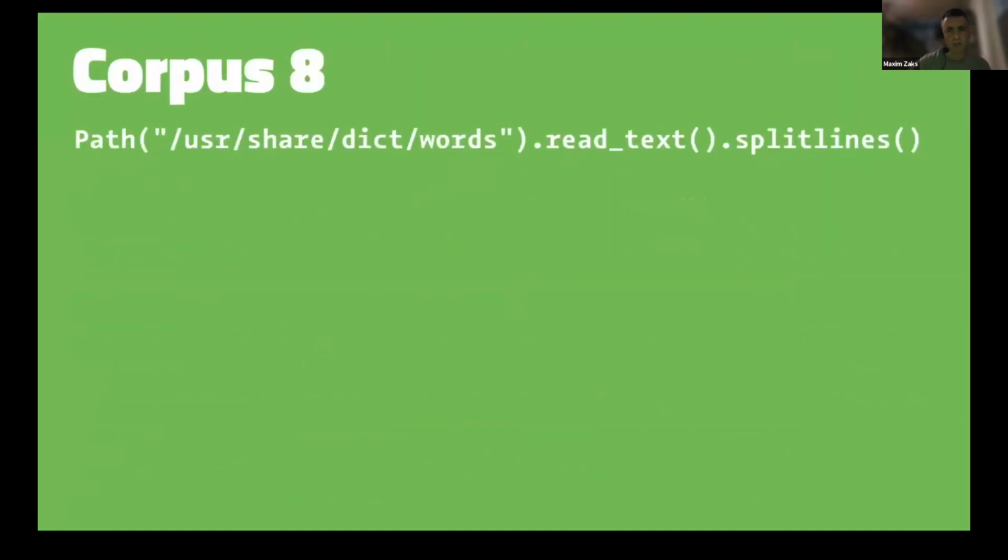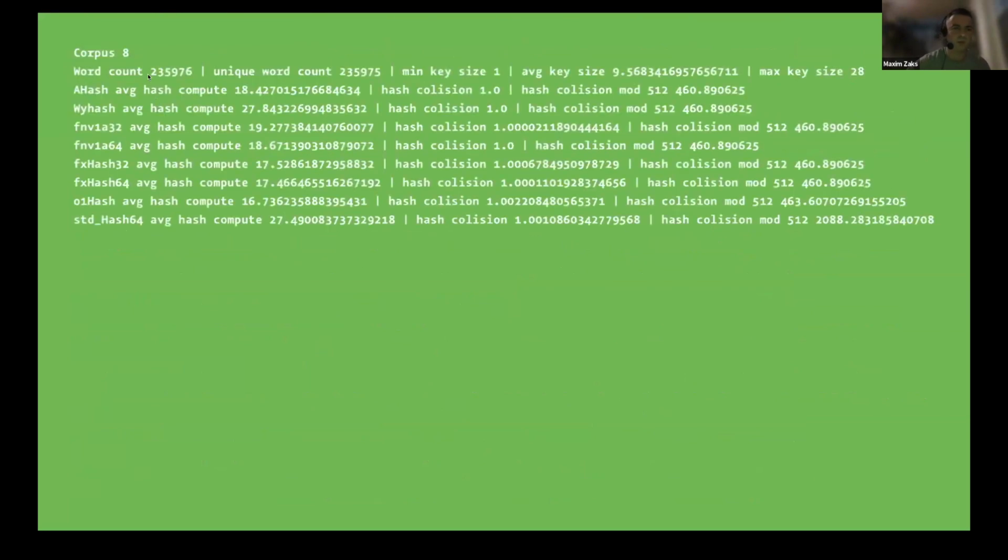And last but not least, we have this file with just English words, which we can find on every Linux-based operating system. We have here about 236K words, which have a min key of 1 character, mid of 9.5, and max of 28.